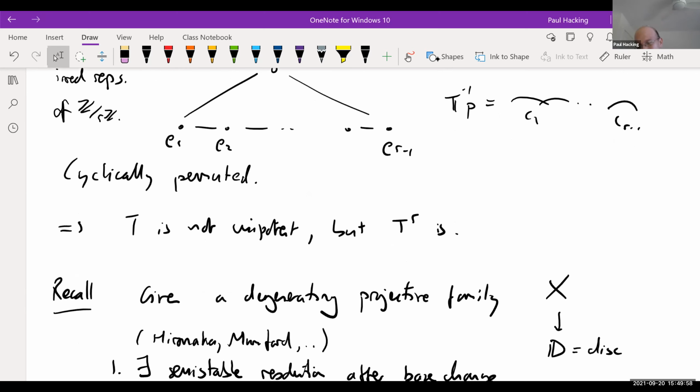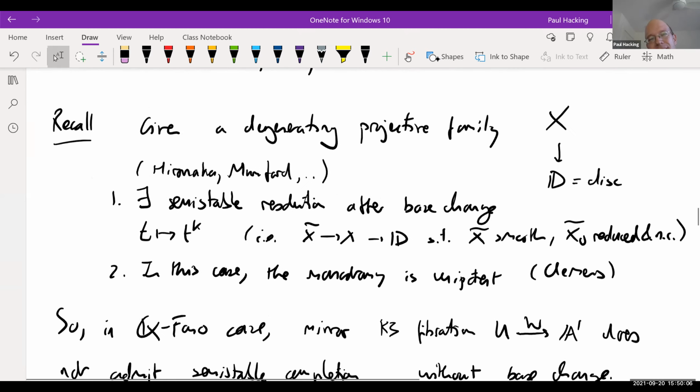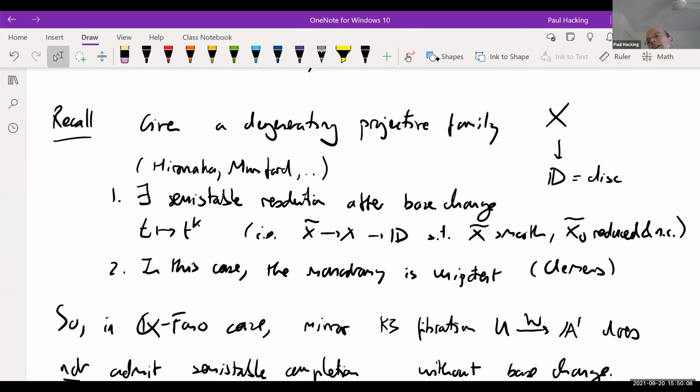And so now let's just do some basic, the kind of thing Duco was just talking about, some basic questions about degenerating families on the complex side. If you have a degenerating projective family over the disk, then using resolution of singularities and Mumford and collaborators, you can make a base change, after which you have what's called a semi-stable resolution.